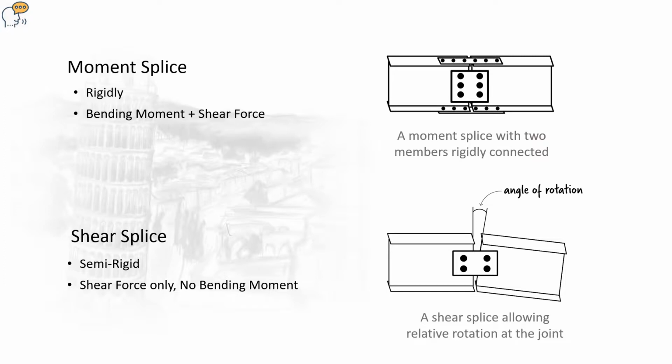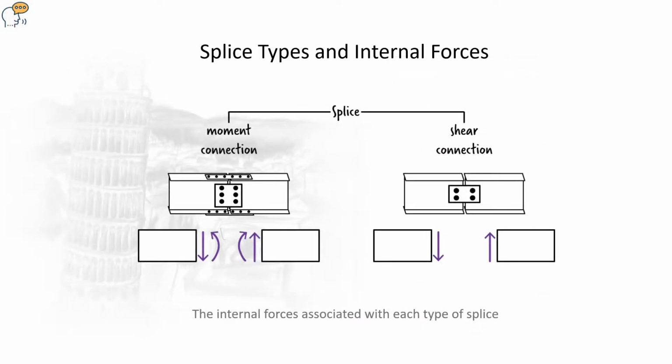Consequently, no bending moment develops at the shear splice. The connection acts as an internal hinge, transmitting a shear force only. This diagram shows the internal forces associated with the two connection types. In the case of a moment connection, we have a pair of shear forces and a pair of bending moments at the splice.